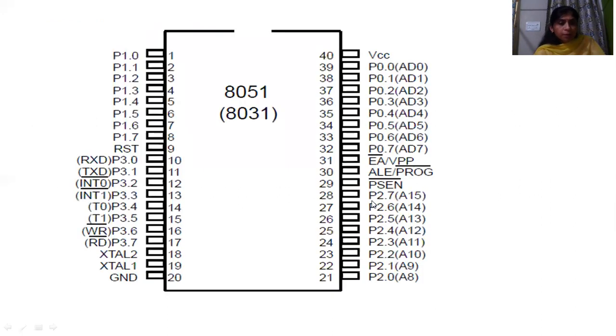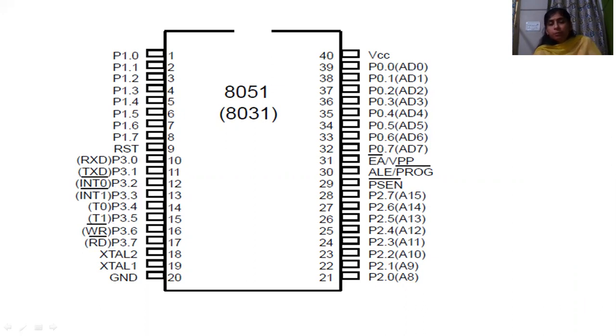For example, P3.0 is for reception of signal, P3.1 transmission of signal, P3.2 and P3.3 provision of interrupt signals. Then this is timer 0, timer 1. For writing and reading, these are the active low pins. These are the different functions.